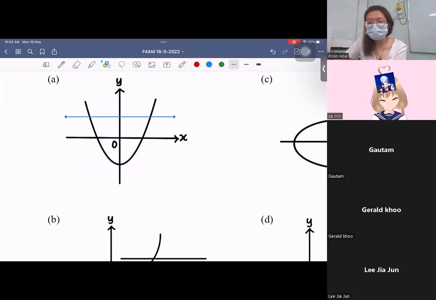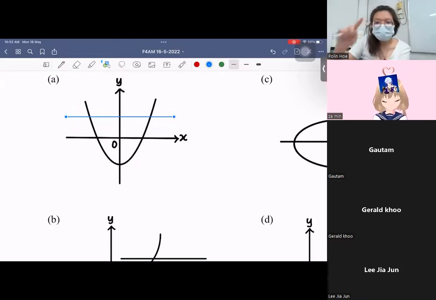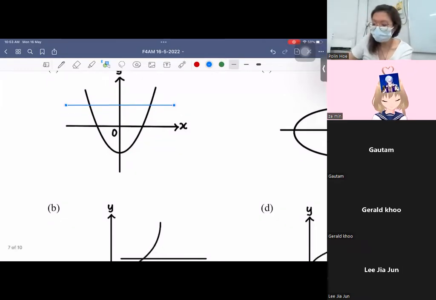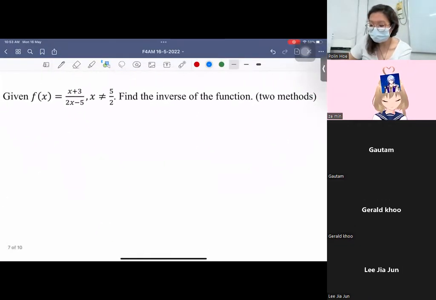If the straight line intersects the graph at more than one point, then the inverse function does not exist.